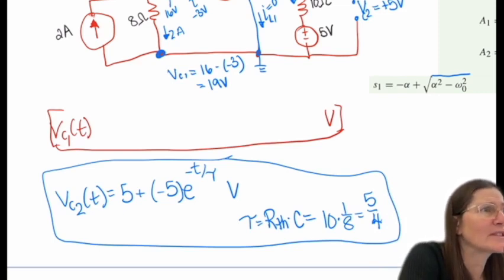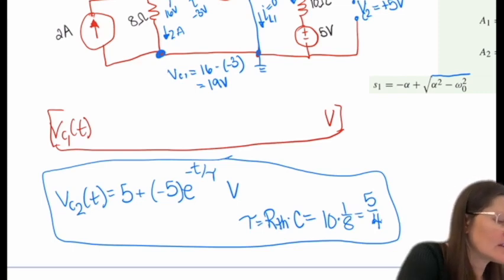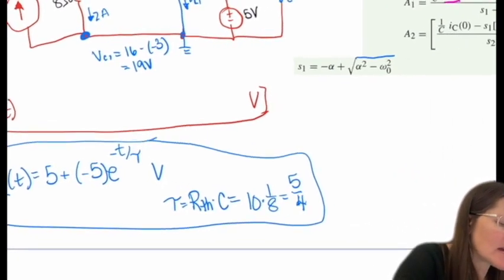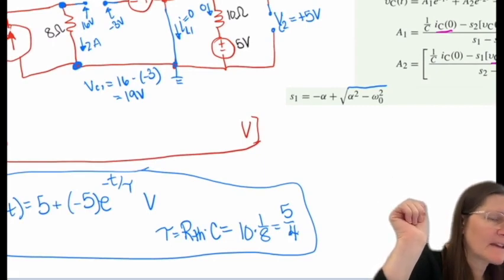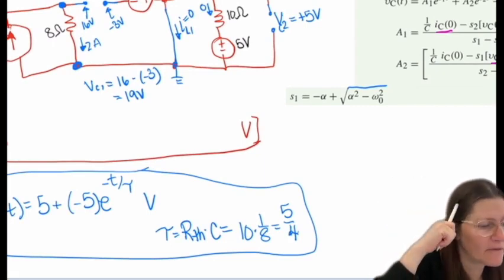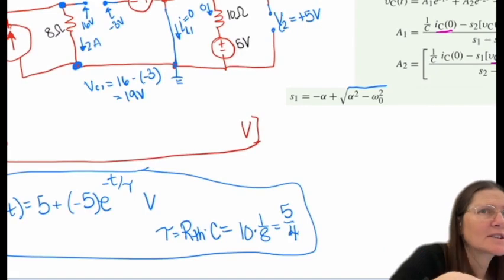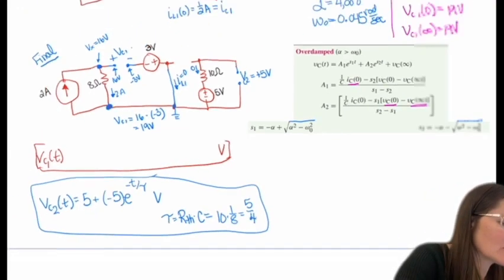So it's 5 plus 0 minus 5, e to the minus t over tau. And tau is RTH times C. RTH for the C side was 10, so 10 times 1 over 8 for a value of 5 over 4 seconds. So this will be the equation for the VC of 2.